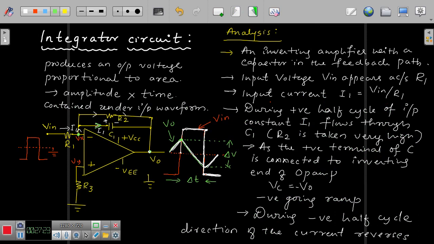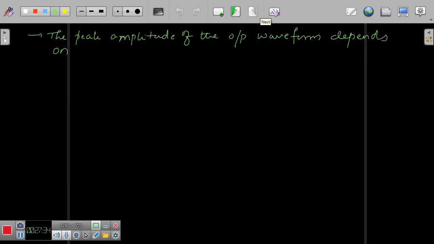It depends upon what parameters? It has to depend upon your input current, am I right? The peak amplitude of the output waveform depends upon the input current I1, we have taken the input current as I1, and also delta T. The delta T is also going to decide the peak amplitude, right?